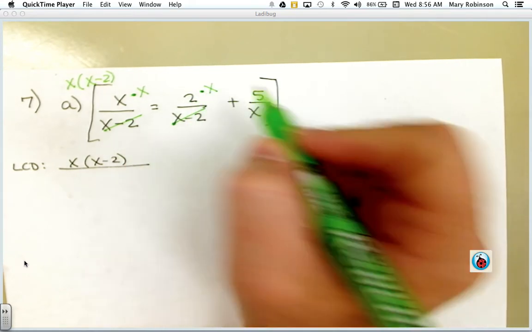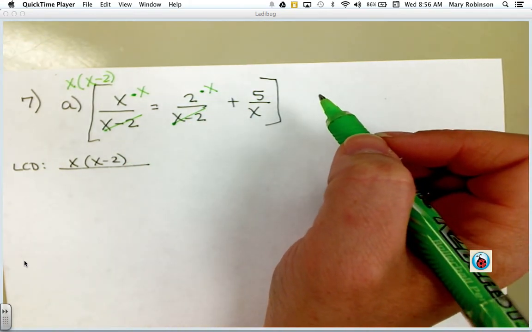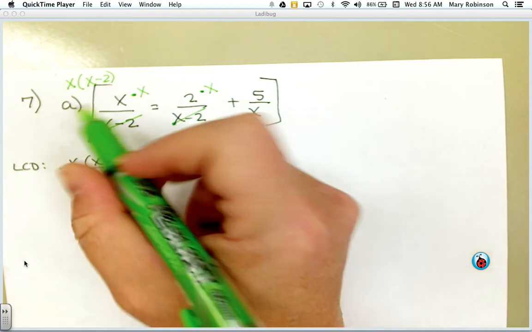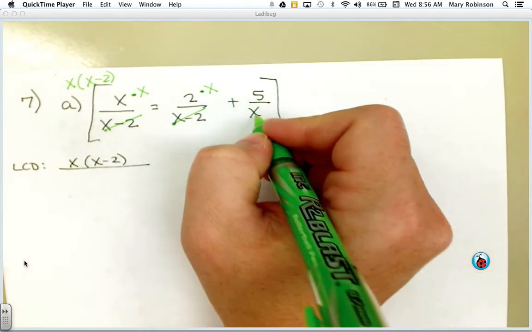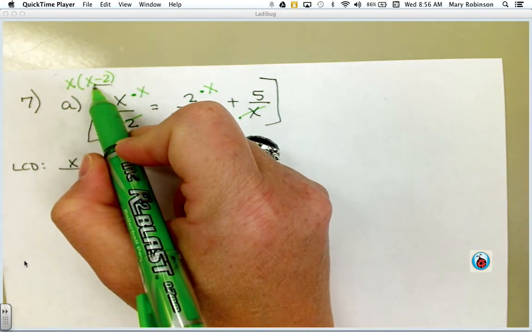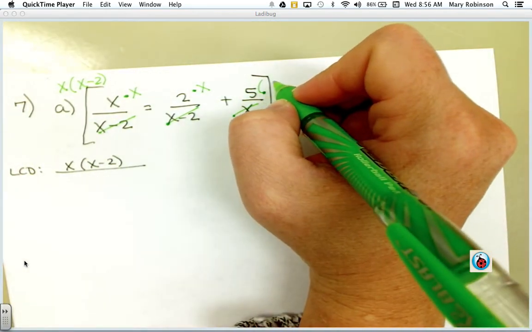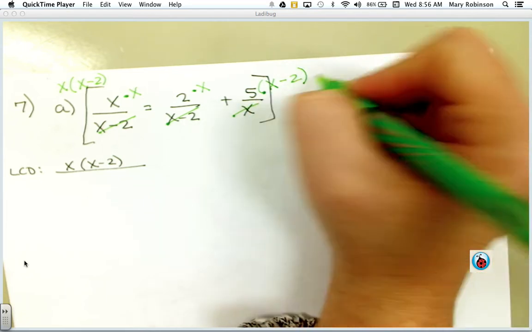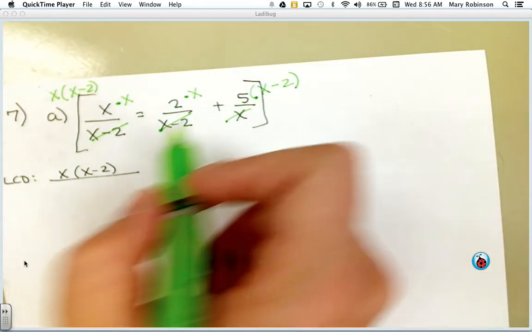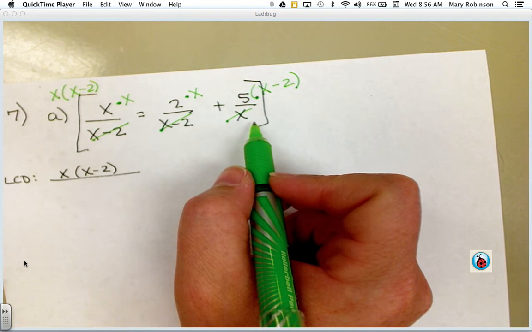So I'm also going to multiply the 2 by x. And lastly, x divides into x and x minus 2 with the x canceling and leaving x minus 2. So I have to multiply the numerator 5 by x minus 2. So I've now created an equation with no fractions.